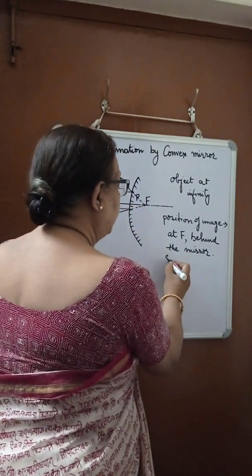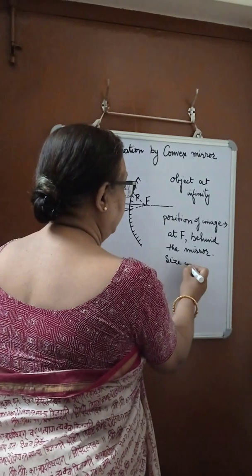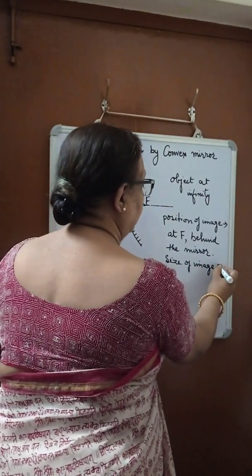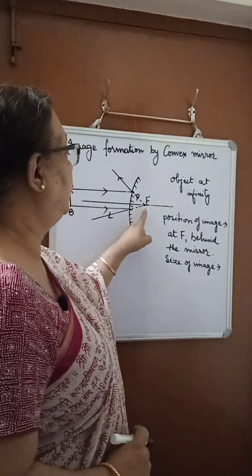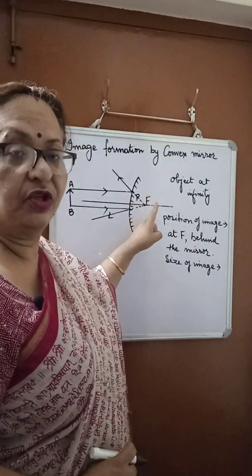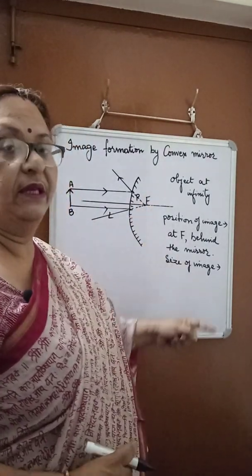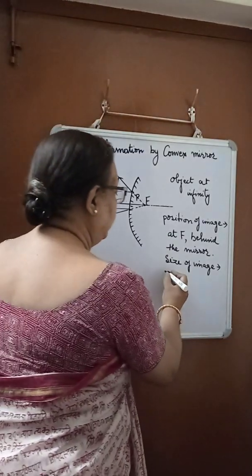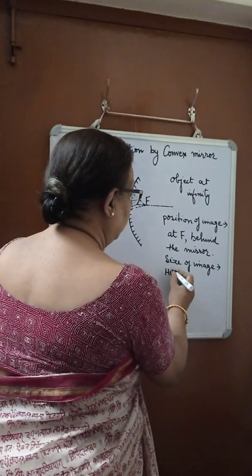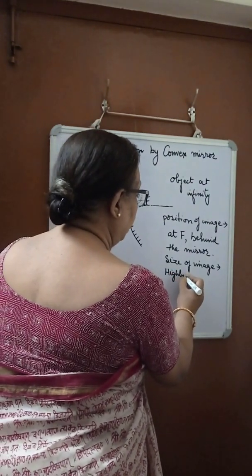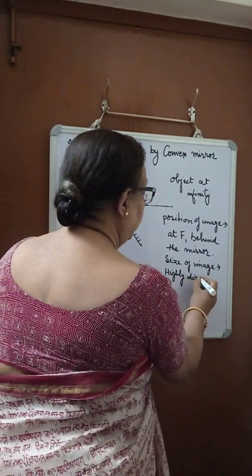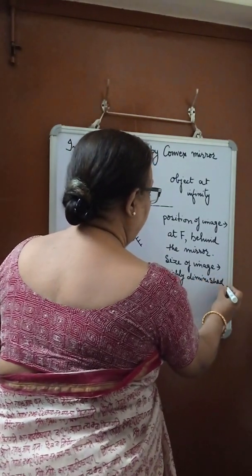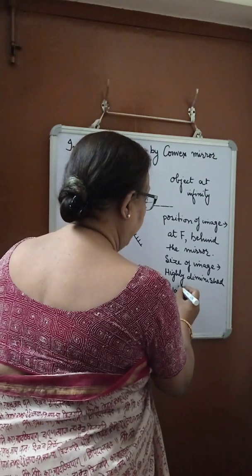And what is the size of the image? You can see it is just point sized. So we say the size of the image is highly diminished or point sized. And what is the nature of the image?